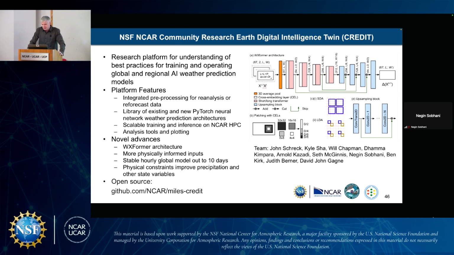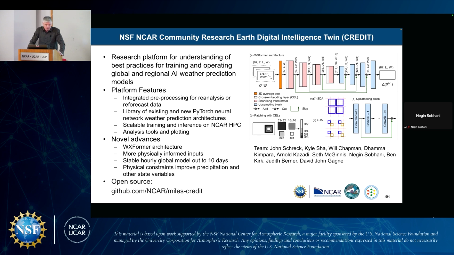So CREDIT is probably better described as a framework than a specific model. It provides the foundations for exploring different modeling architectures. Here they're showing the WXFormer architecture and training it with different data sets.